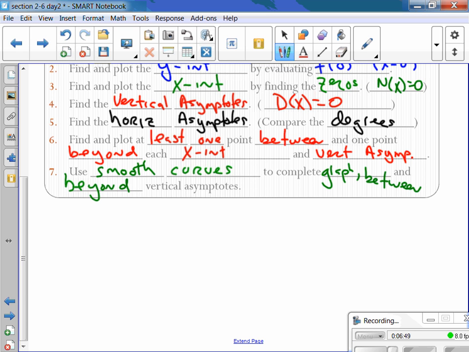What that means is you have your vertical asymptotes, don't just draw in between them. Don't forget there's something to the left of them and something to the right of them. Make sure you cover the entire graph.